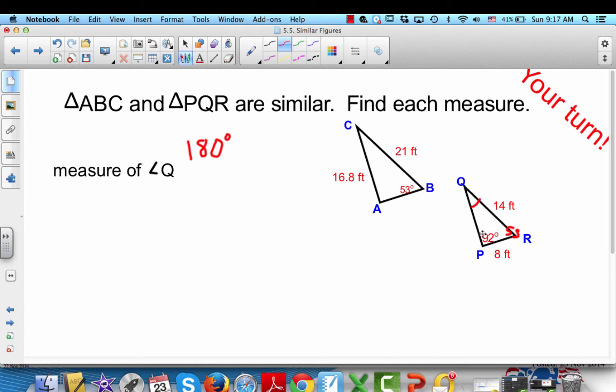Remember, I told you that the whole thing is equal to 180 degrees. So we go 180, and we subtract 92 and we subtract 53. And that leaves us with the one angle that we don't have, which is 45 degrees. If you got that, you did a really good job.